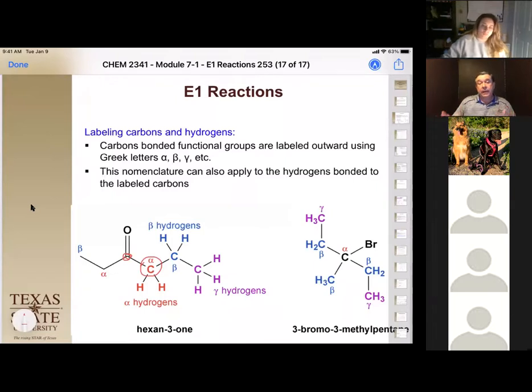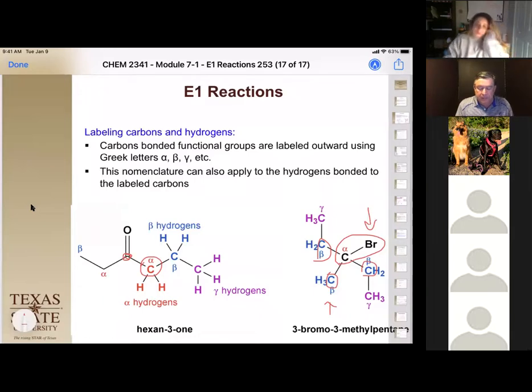In the case of this one right here, it's the one with the leaving group on it. Okay, so the alpha carbon is going to be the one with the leaving group on it. All the carbons that are bonded directly to that alpha carbon are called beta carbons. Okay, so we're going to remove something, the leaving group from the alpha carbon, and a hydrogen from one of the beta carbons. But we have to make sure we pick the right one.